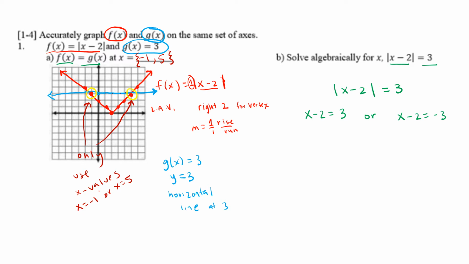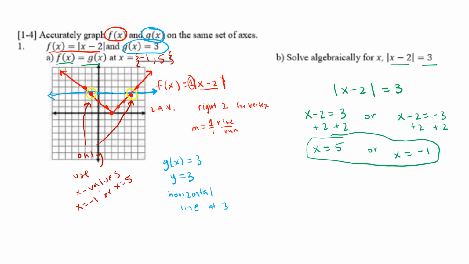Because an absolute value can be positive or it can be negative. We solve these individually. Plus 2, x equals 5, or plus 2 over here, x equals negative 1, giving us x equals 5 or x equals negative 1, which is exactly what we got on that graph as well.